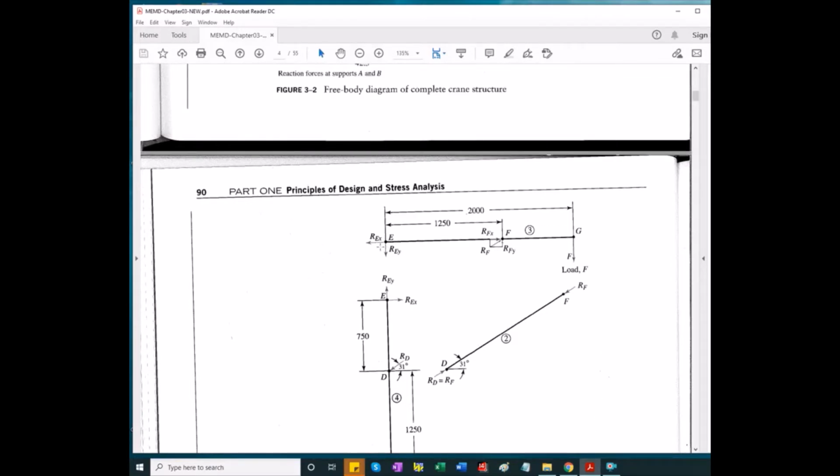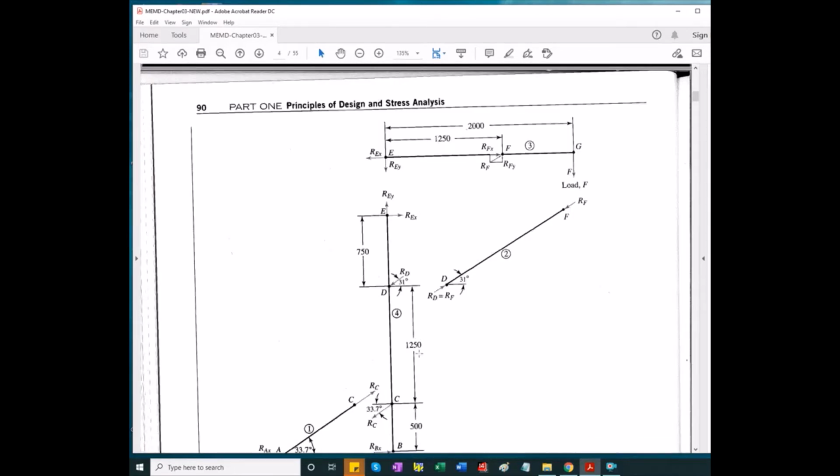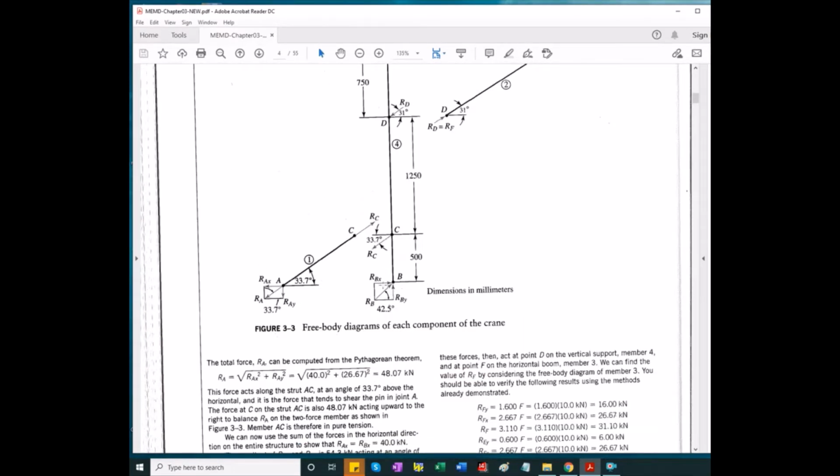then you draw free body diagrams of the individual links. The external load is known, and we have the reactions of the supports known.